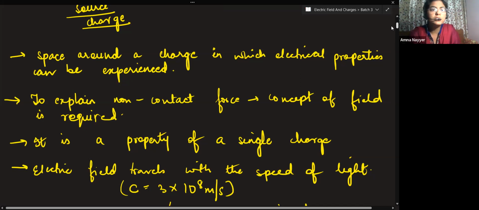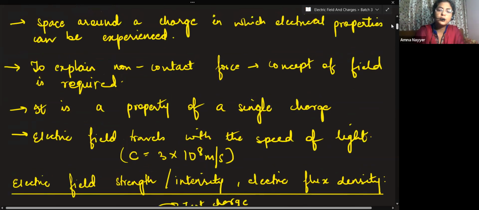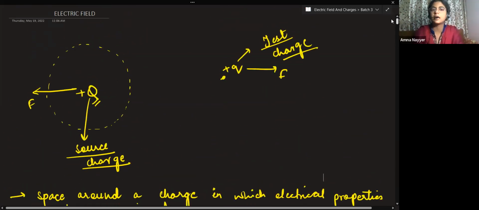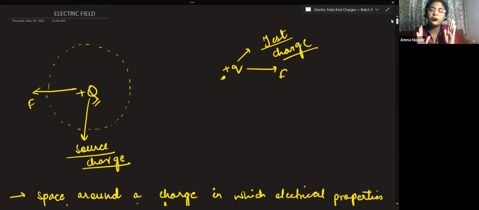So this is the introduction of electric field. What is the formula of electric field? That we will see in the next class on Tuesday. But before that, vectors are required, otherwise it will be very difficult. So just note it down, and tomorrow please try to join the class if it's possible for you. I think it would be helpful for you.